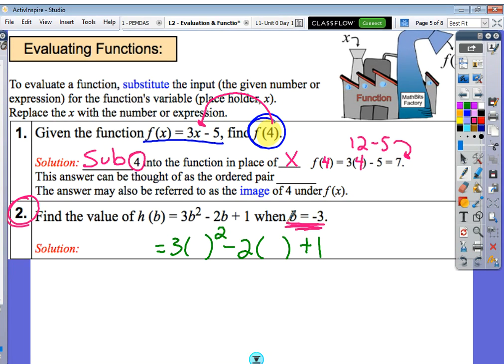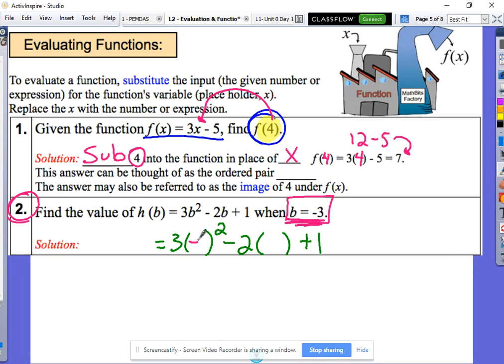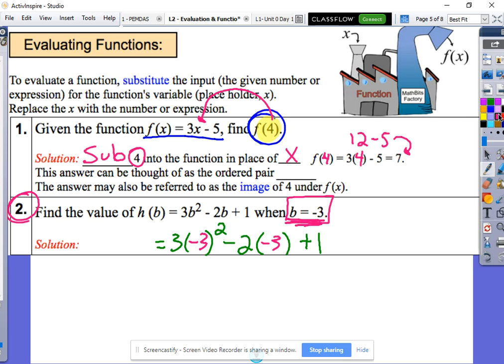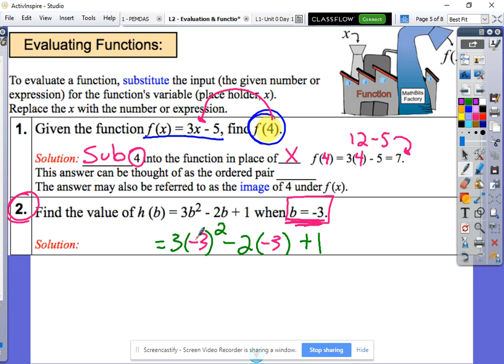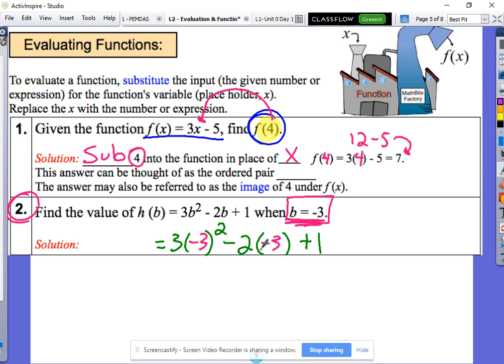So now I'm going to take that b value and plug it in. Negative 3 right there, negative 3 right here. So now that I've plugged those in, now I can start simplifying using PEMDAS like we just practiced. There's really nothing to do inside these parentheses here. So we're simply going to jump straight into the exponents. So exponents would be this guy right there.